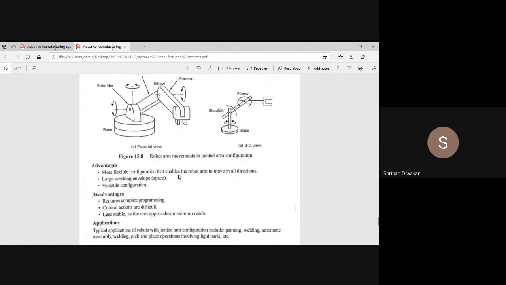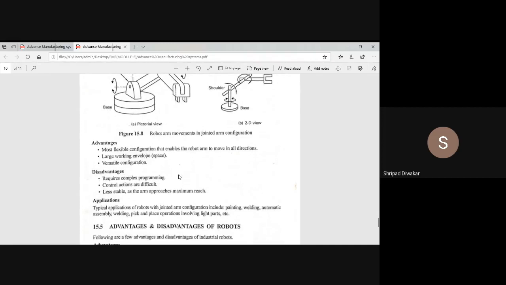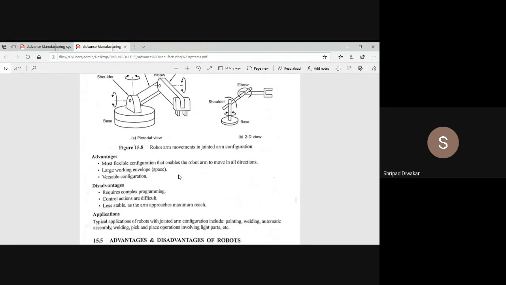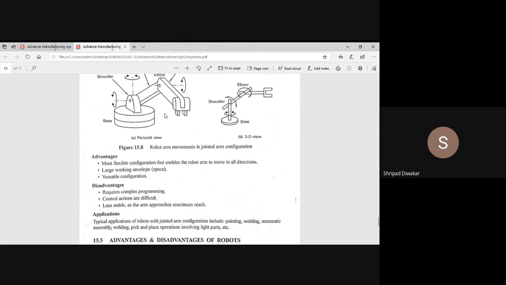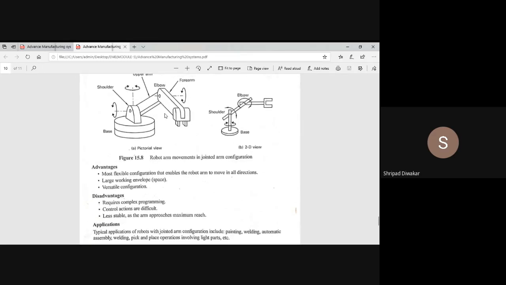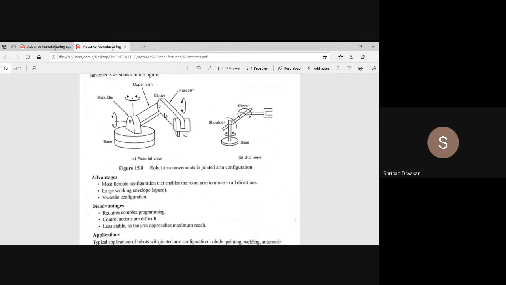Next, the disadvantages. It requires complex programming because you have a complex structure. We have the forearm, next the shoulder, etc. So it requires complex programming. One more disadvantage is that control actions are very difficult. Control actions are very smooth in the case of Cartesian.